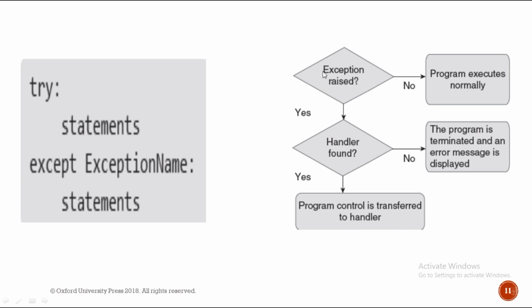Suppose we are trying to execute the program in the try block. If the exceptions are not raised, the program executes normally. Suppose the exceptions are raised, then it checks whether the handler is found or not. If the handler is not found, the program is terminated and an error message is displayed.